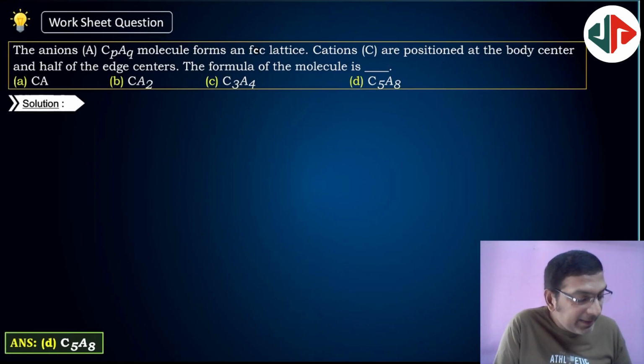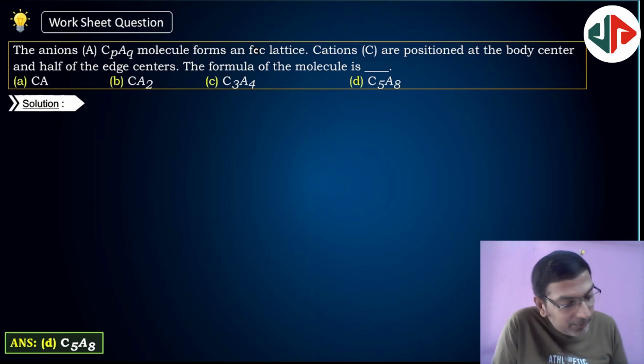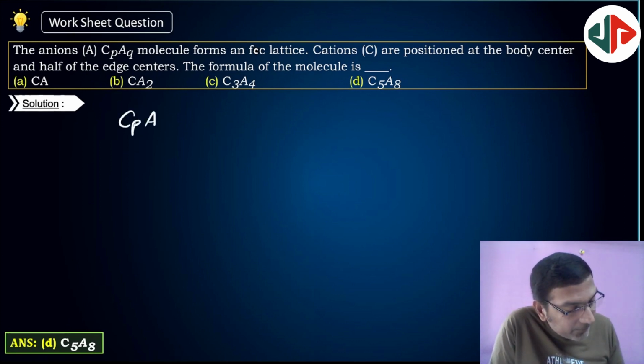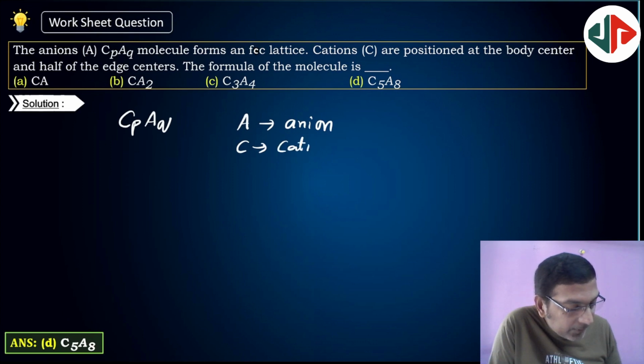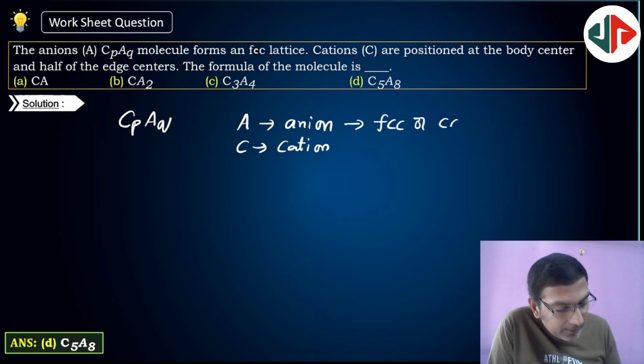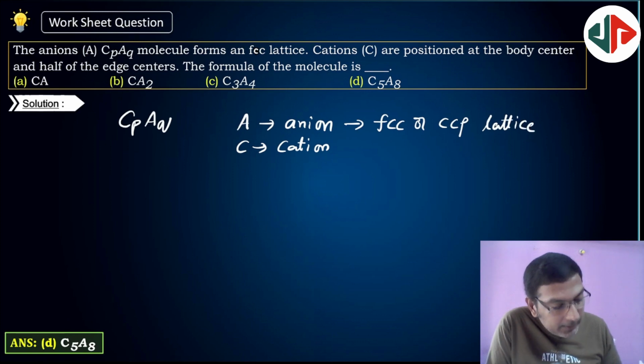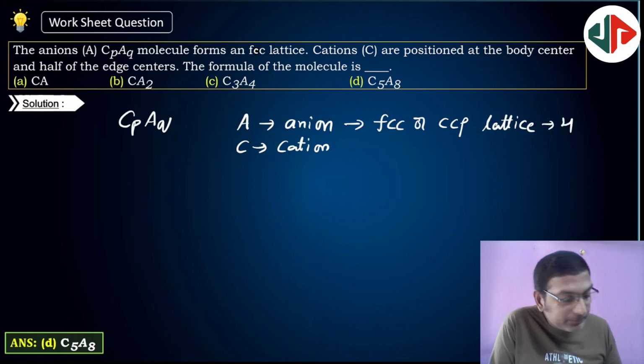In this molecule, the anion A and cation C are given. Anions form an FCC or CCP lattice, so the effective number of atoms is 4.